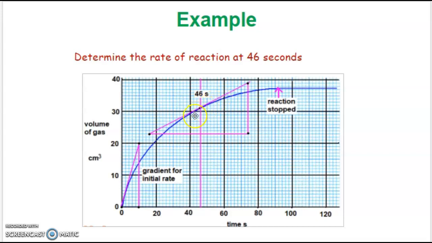Now, having drawn the tangent to the curve, we can then determine our x values and our y values. At the lower end of the tangent, the x value corresponding to that lower end would be our x1 value. Our x2 value would be the x value corresponding to the upper end of the tangent.